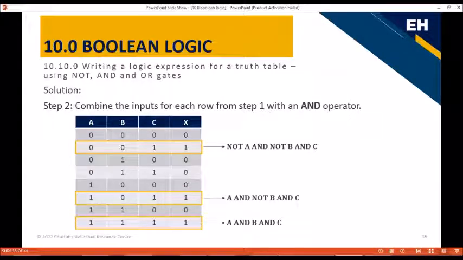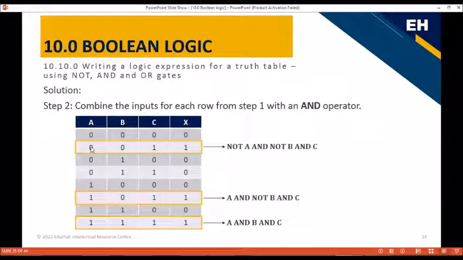Step 2. Combine the inputs for each row from step 1 with an AND operator. So with what we know already, the inputs for each row must be combined using the AND gates. For an AND gate to be valid, all the inputs must be 1.